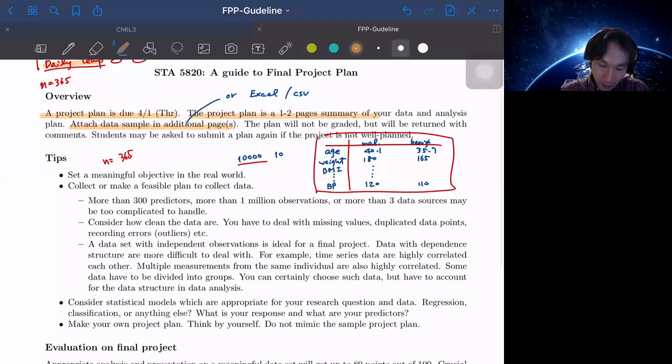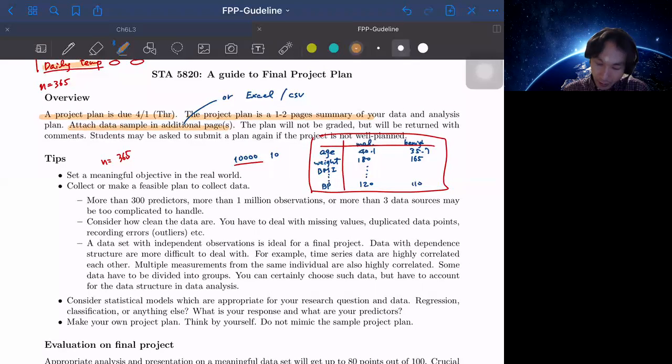Okay. And some tips: set a meaningful objective in the real world, and make a feasible plan to collect data. So I highly recommend you to collect the data from the original source.